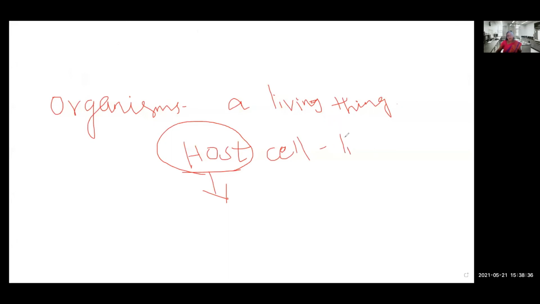Host cell means a living cell. So a virus always needs a living cell to live. Only in a living cell will the virus be able to live, not in dead cells.